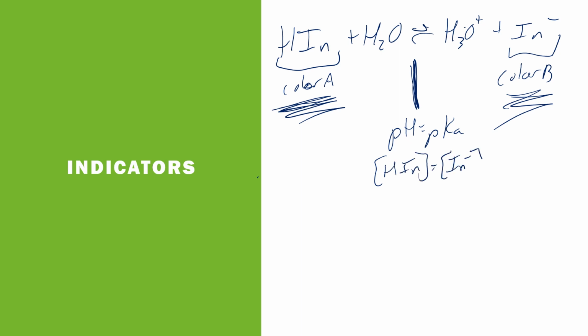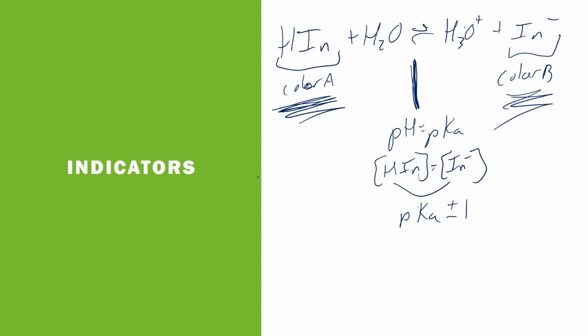And so you'll have a color right in the middle of those two things. Now, it's not perfect, right? You're going to have a color change start before this point, and it'll go a little bit after this point. So we usually say it's the pKa plus or minus 1.